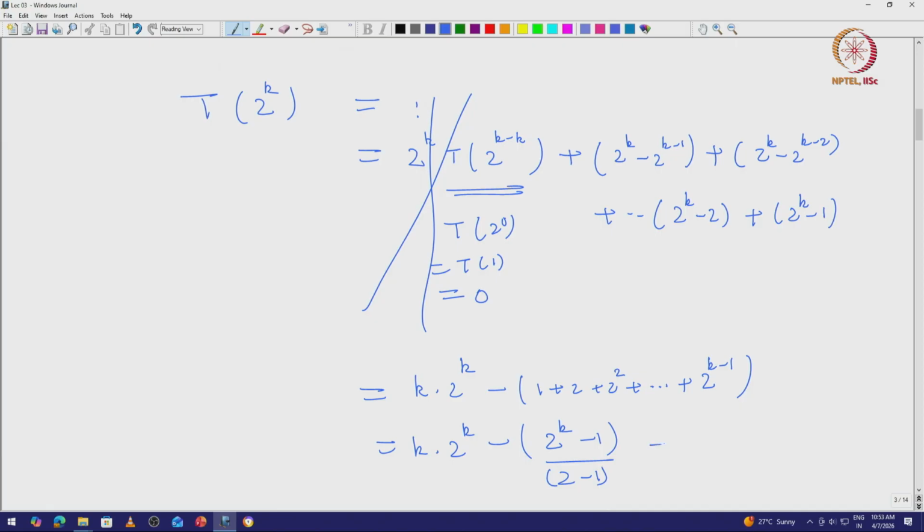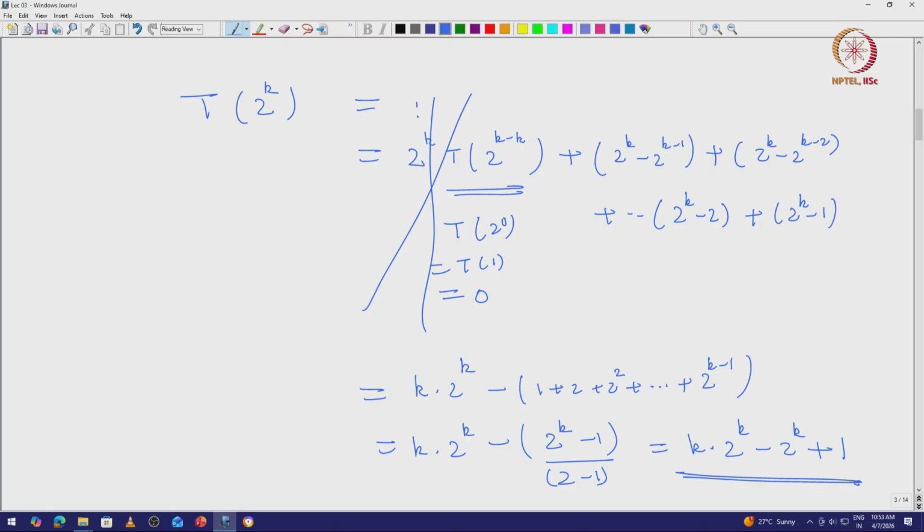Hence, I get this is k times 2 power k minus 2 power k plus 1. This is what I am getting for 2 power k.